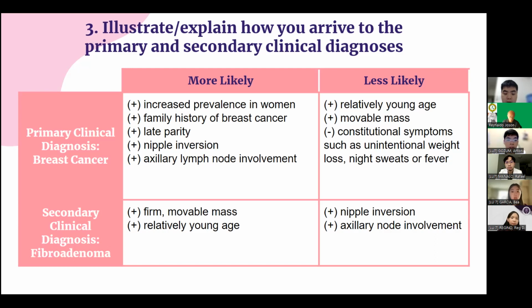Fibroadenomas are the most common benign tumors in the breast, and they are quite common at younger ages, around 30s and 40s. So we consider this in our patient. But this diagnosis is less likely because of the fact that our patient has nipple inversion and axillary node involvement, which are yun nga pointing more to malignant and more invasive disease.